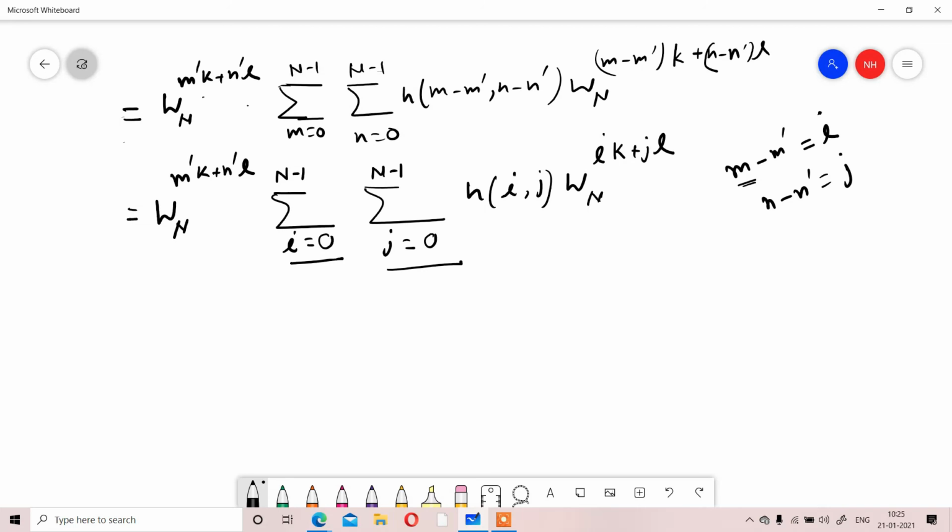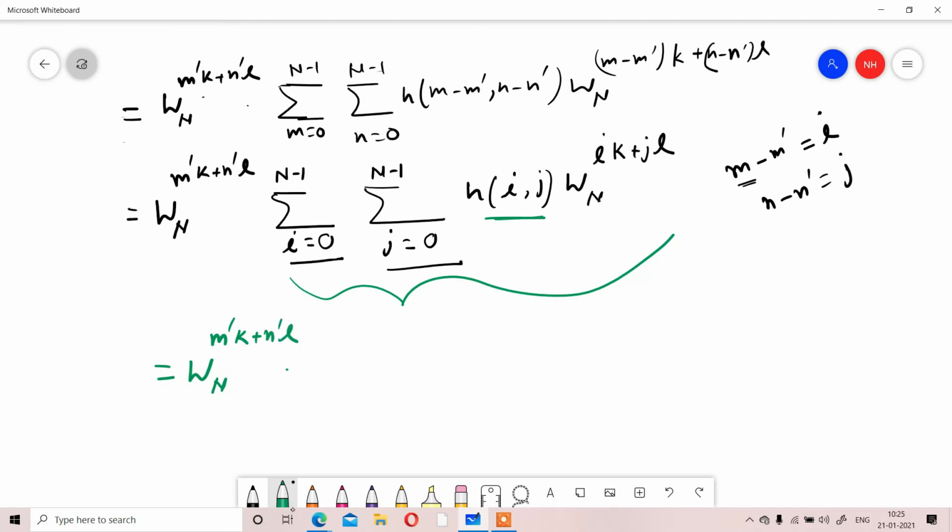Okay, so the expression written here is the DFT of h(i,j), or if we represent (i,j) by (m,n), then it is the DFT of h(m,n). So we can write W_N to the power m'k plus n'l into DFT of h(m,n).